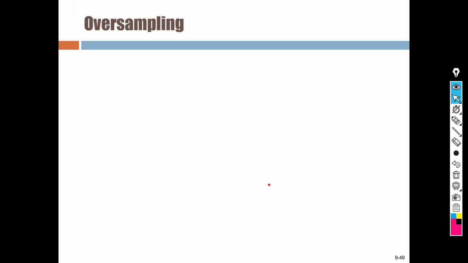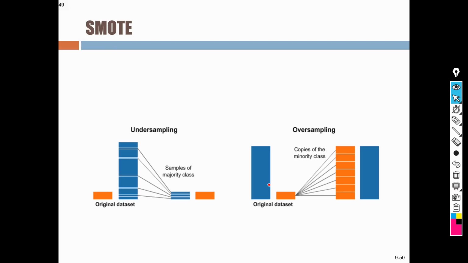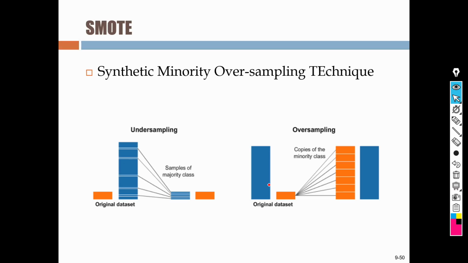So, oversampling. How can I sample more from the limited number of information? This is the synthetic minority oversampling technique. Of course we oversample from the minority.